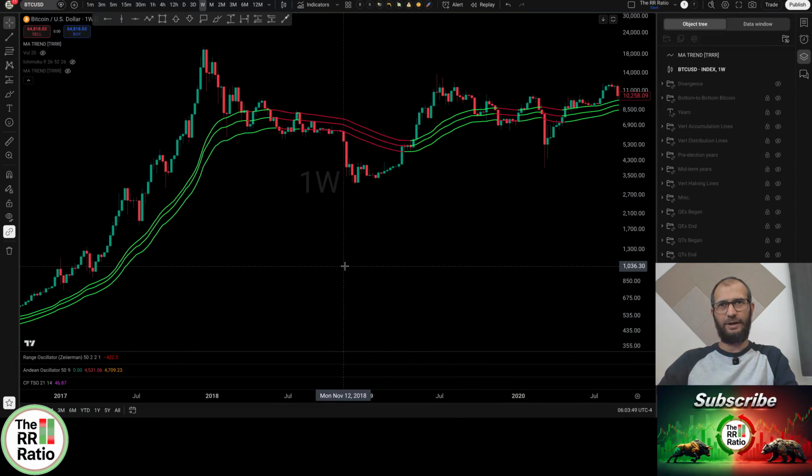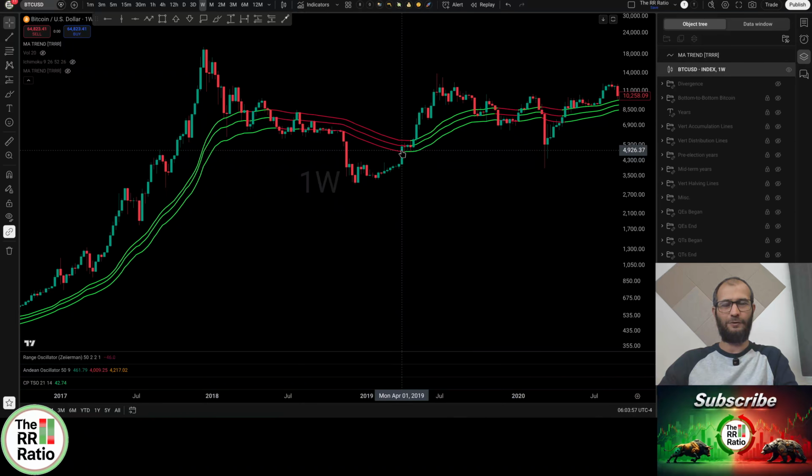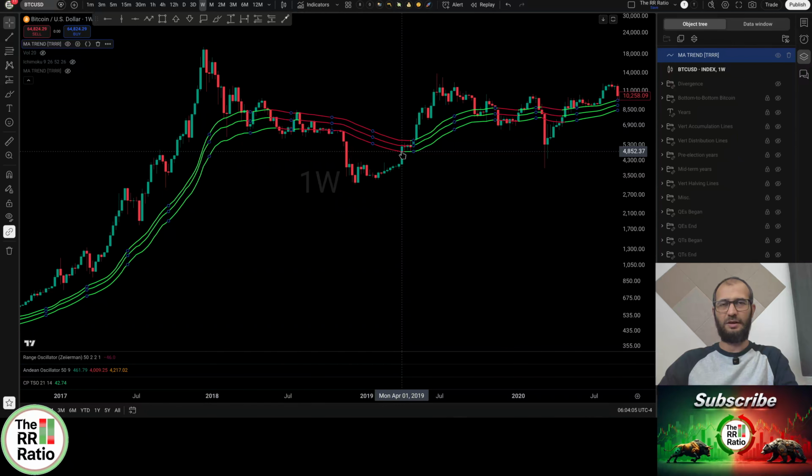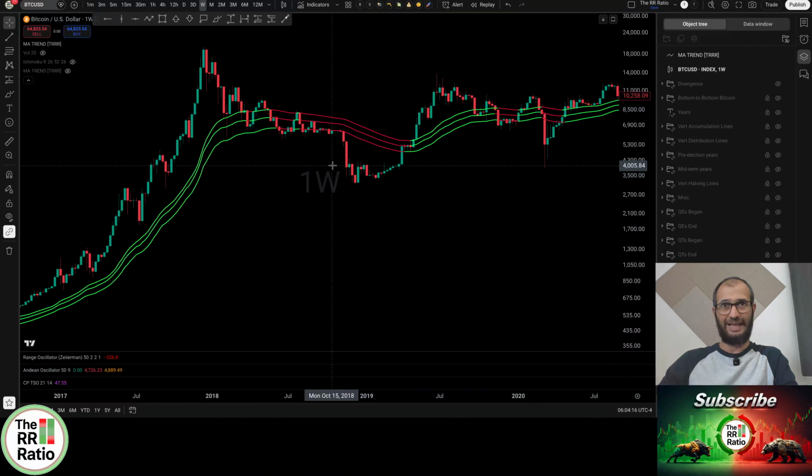The first point at which I would like to take the risk when QEMAs are still red is when the price crosses the QEMA with low as the point. So here the first one, or the lowest one, is the low, which is this one. If it crosses the low, that means I have broken the structure, which was basically taking into consideration the lows of the last 50 candles.